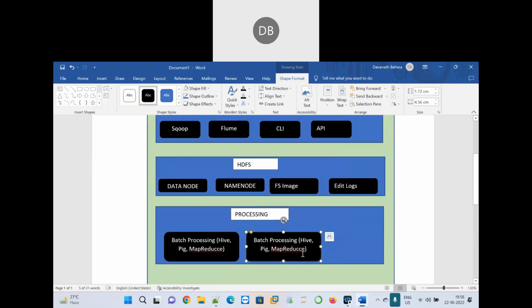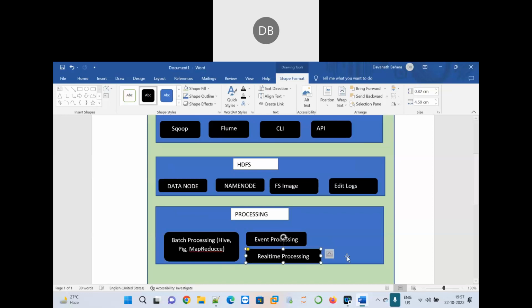Then your event processing. Then here, real-time processing.